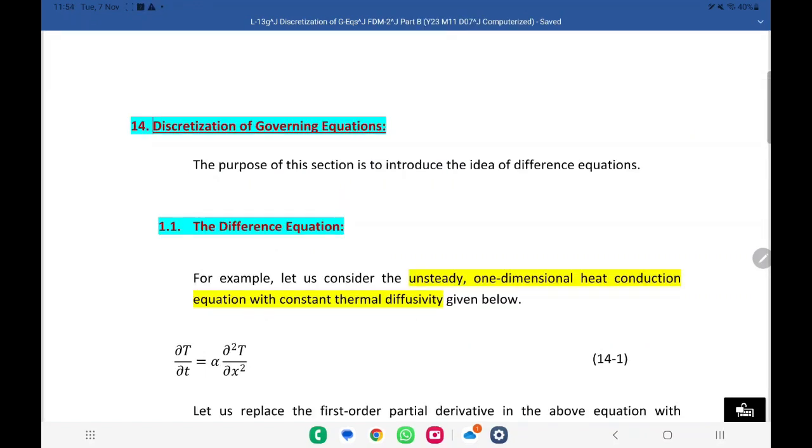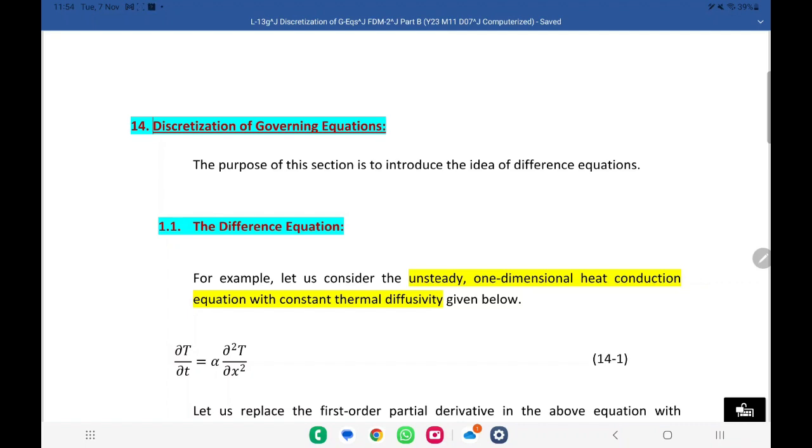I think we will stop here, except that I'll just tell you the next topic we are going to do. Now what we have done so far is, again we will start from the beginning so that we know where we stand. We started with the governing equations, which were describing the physics of the flow.